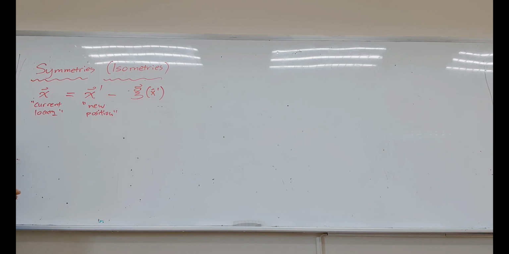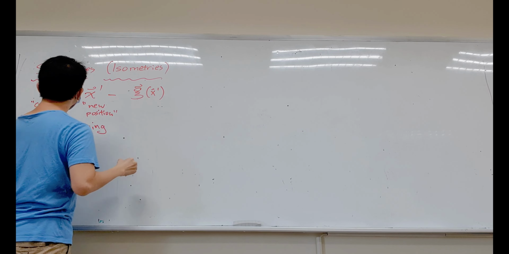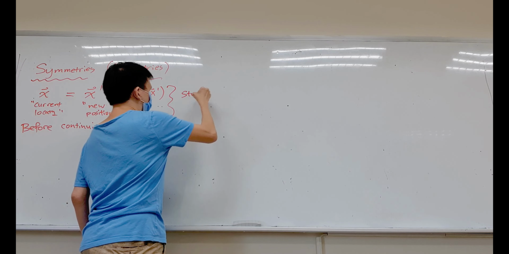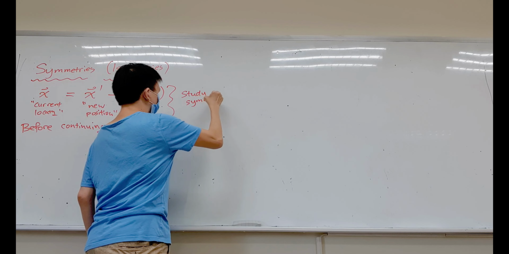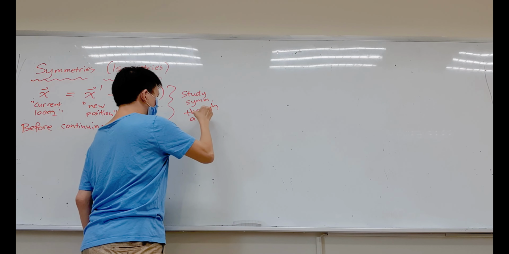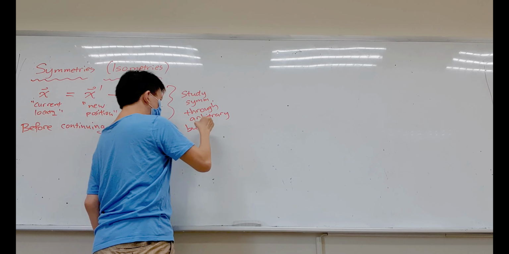Before I go there, let me just explain a little bit about where I'm going. Let me give two simple examples. So before continuing, I'm going to study symmetries through arbitrary but infinitesimal displacement.